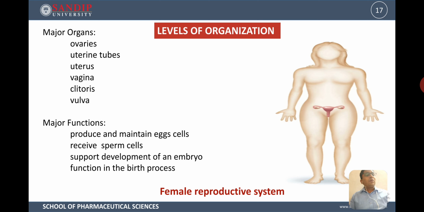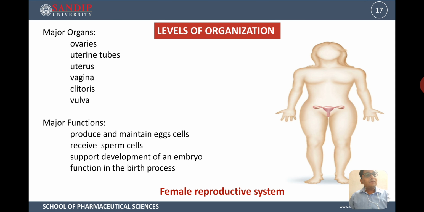The main function is to produce and maintain the egg cells, receive the sperm cells, support the development of the embryo, and function in the birth process. When the sperm and the egg combine or fuse together, the production of the egg cells gets stopped. Am I clear?